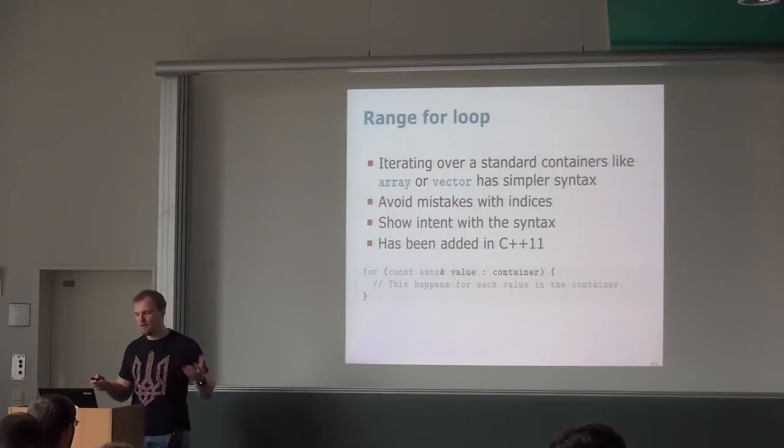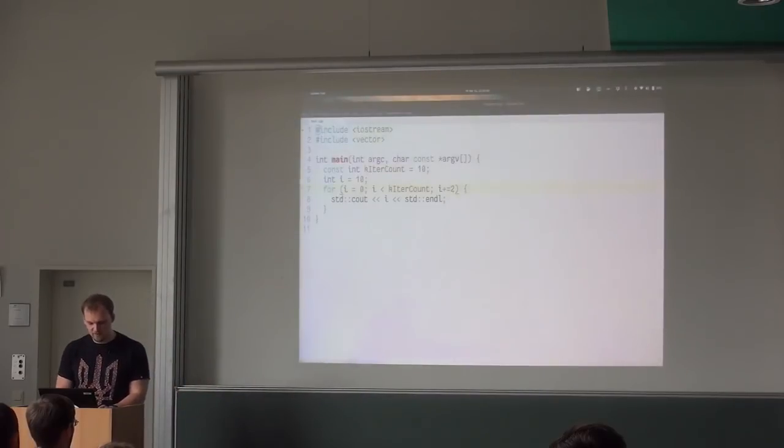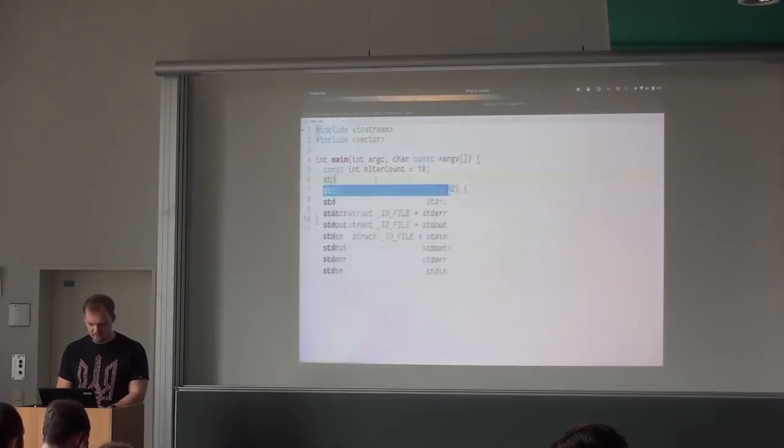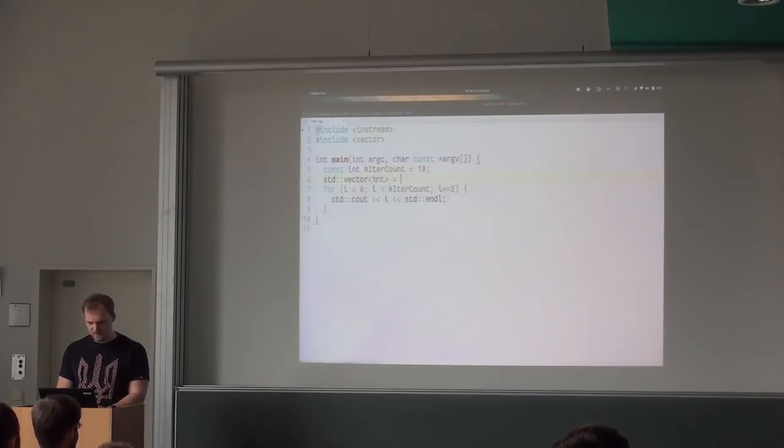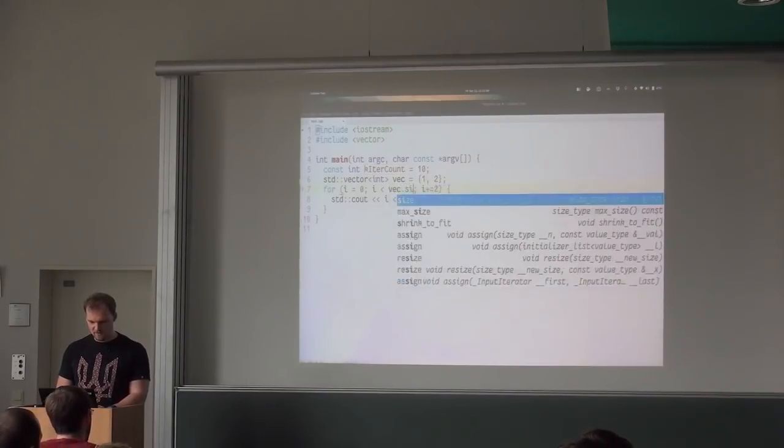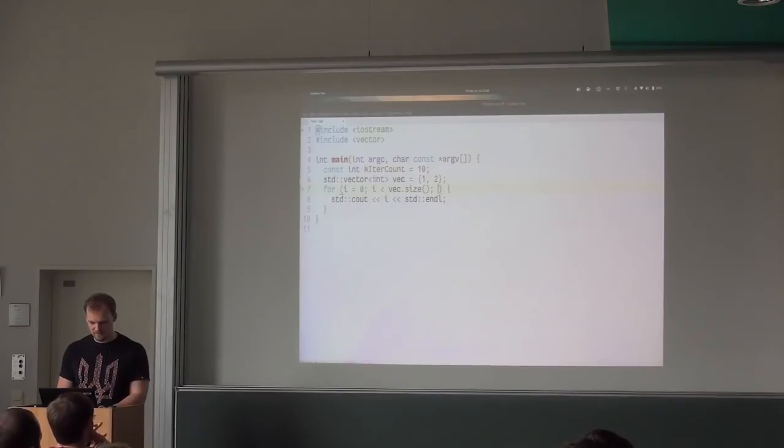The old way to navigate a container would be, if I have a vector of integers 1, 2, I would go to vec size and I would increment i, and I would print an element of this vector. Let's maybe go for something like float so that it's a bit different.